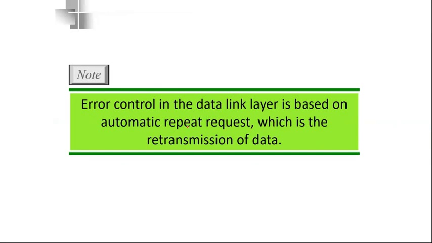So in this case, error control is basically error detection and retransmission. Anytime an error is detected in an exchange, the specified frames are retransmitted. Suppose an error is detected, then what will happen is the automatic repeat request process.